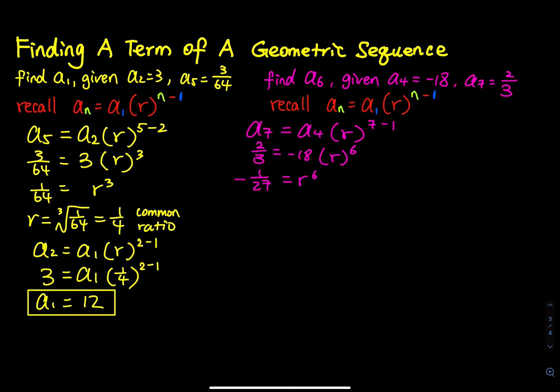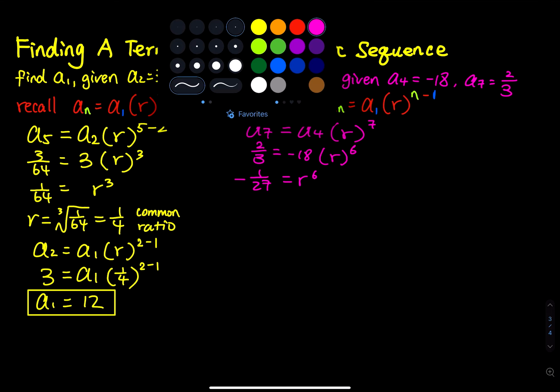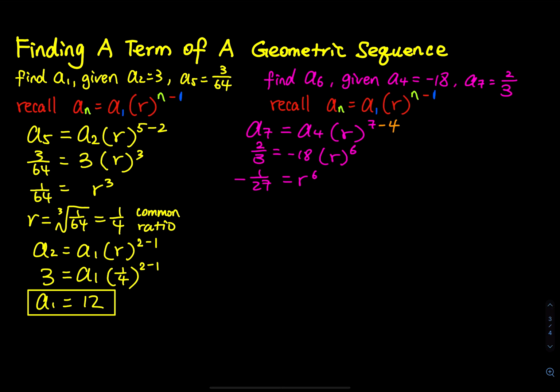And then this time, 7 minus 4. I'm going to do a minus 4 like this, and the 4 is this 4. So 7 minus 4 is equal to 3.